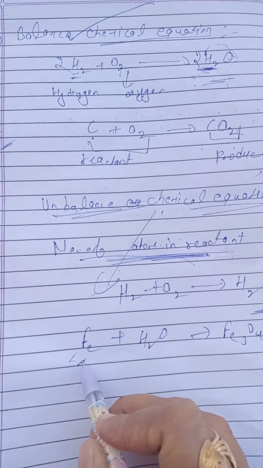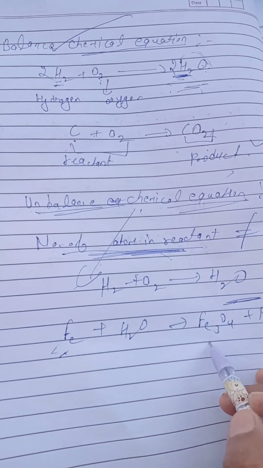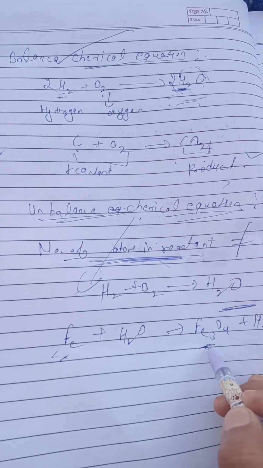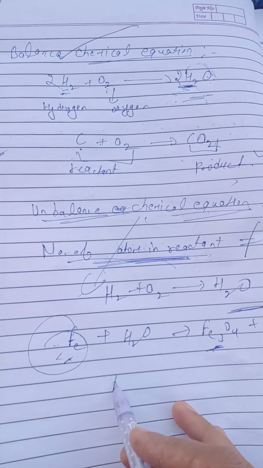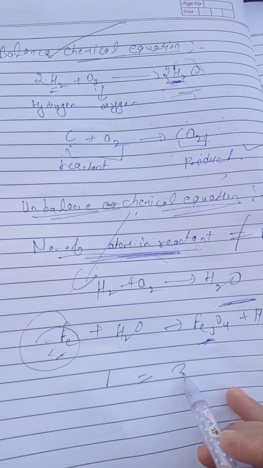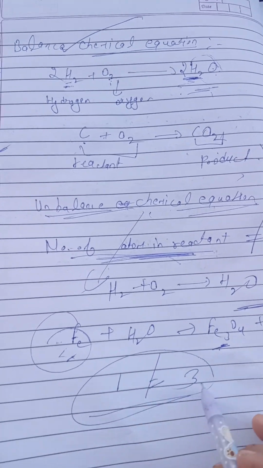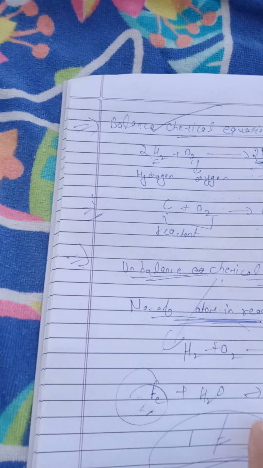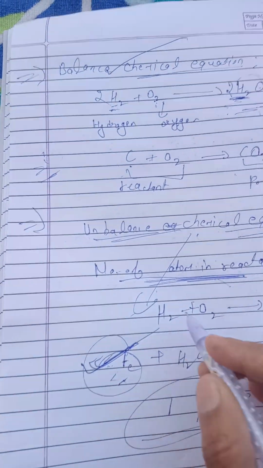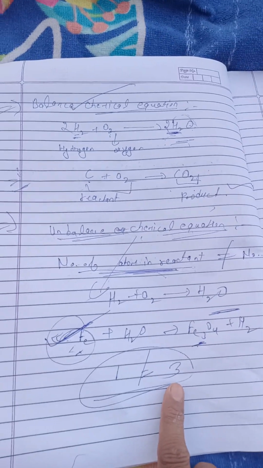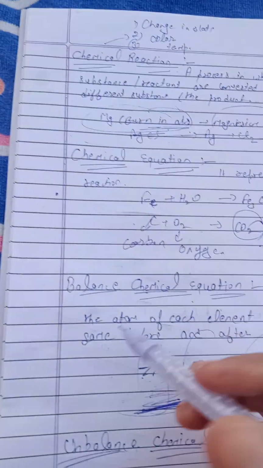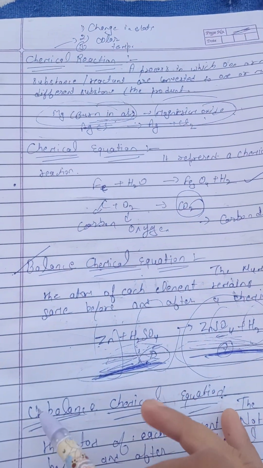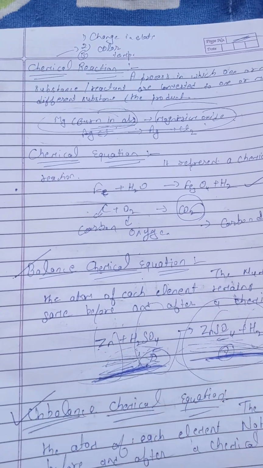The number of iron atoms on the left hand side is 1 and on the right hand side is 3. So we can say that the number of iron atoms is not equal. So this equation is also an unbalanced equation. So this is the balanced equation and this is the unbalanced equation.